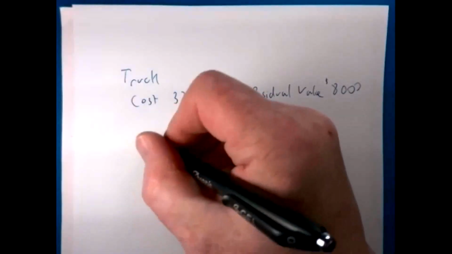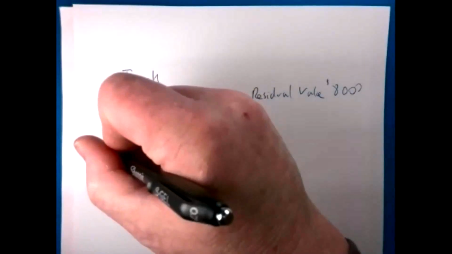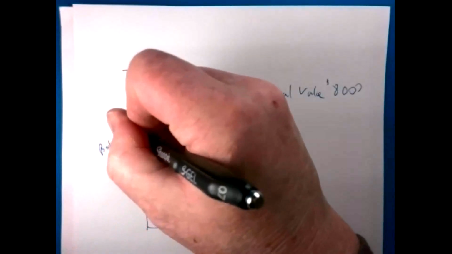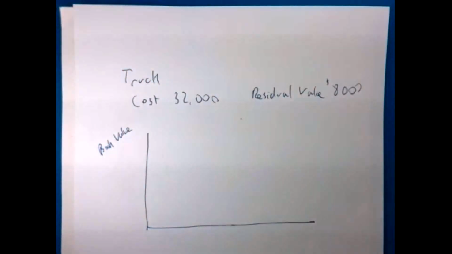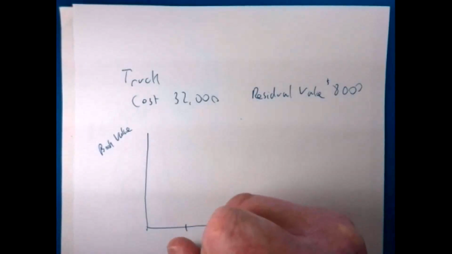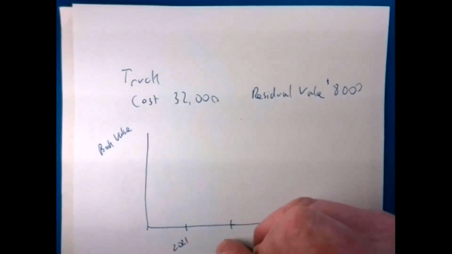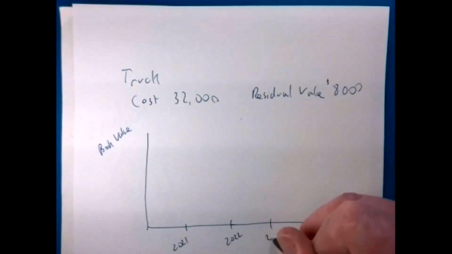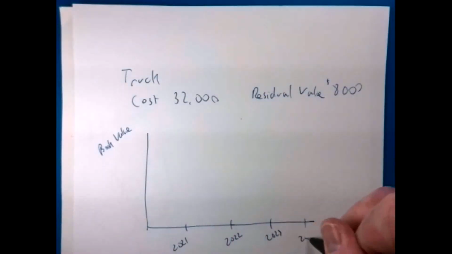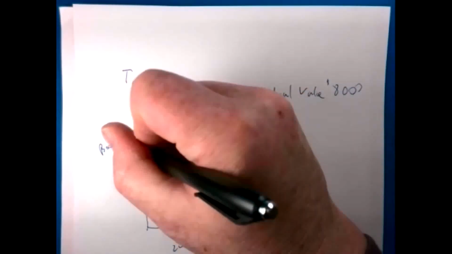If you chart out the book value of this thing, it'll look like this. Let's see how many years this is for. 5 years. So it's going to start out at 32,000.